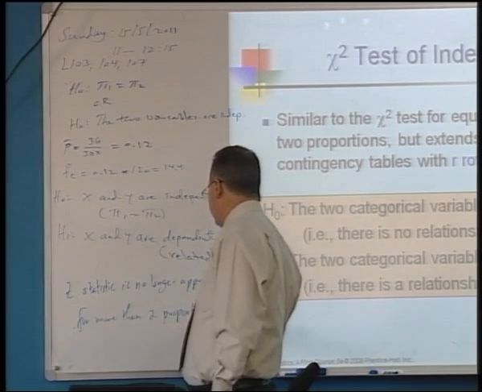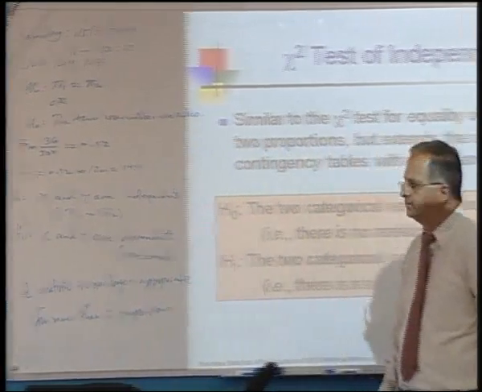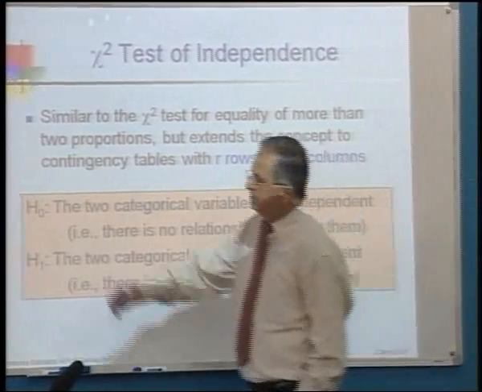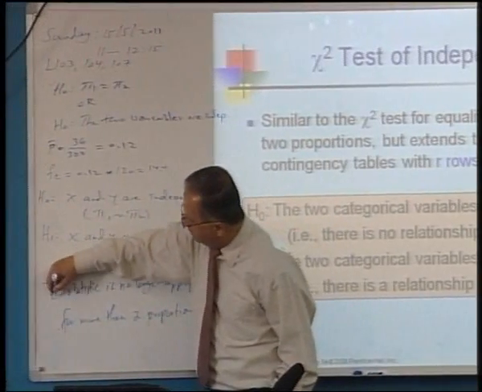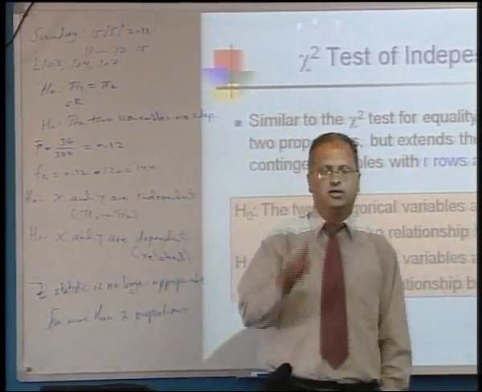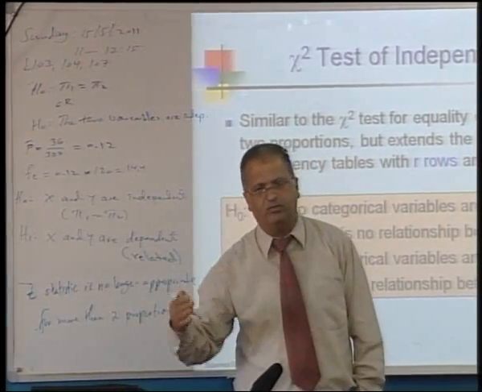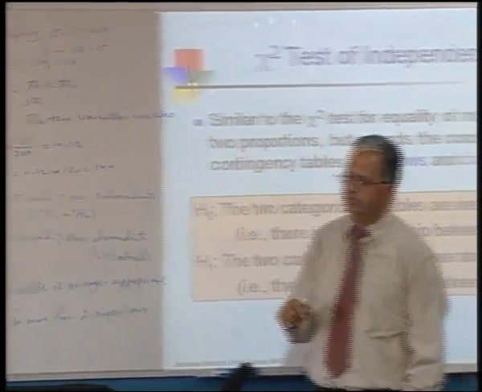In this case, you have to use the chi-square test. So this statistic can be used only to test the difference between two proportions, but for more than two, you have to use the chi-square test.